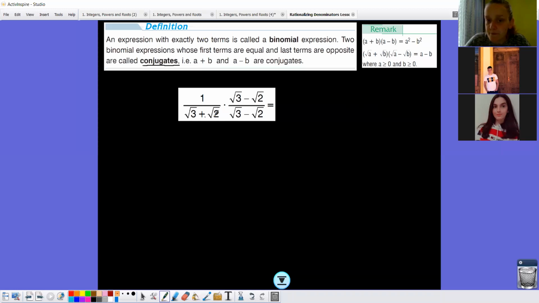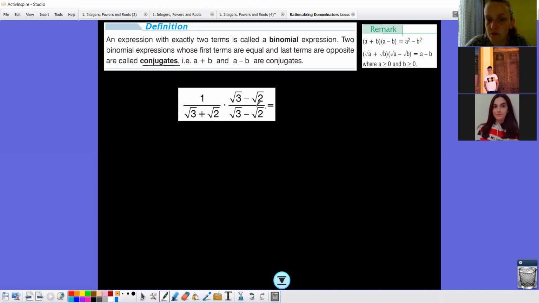So if we have a fraction like 1 over root 3 plus root 2, to rationalize this denominator, we'll multiply by its conjugate, okay? What does it mean? I will multiply and divide by root 3 minus root 2.